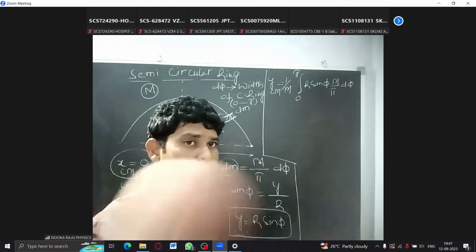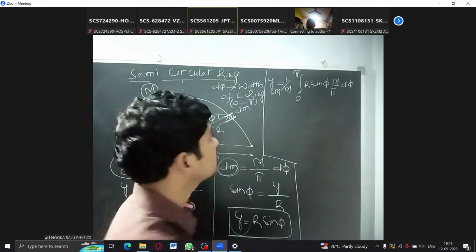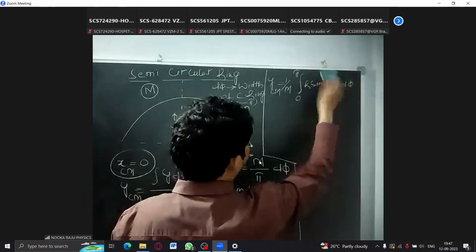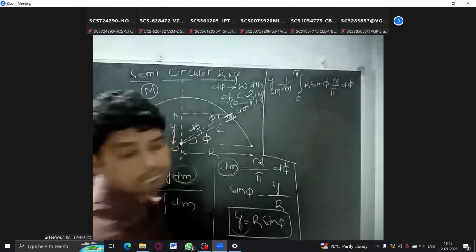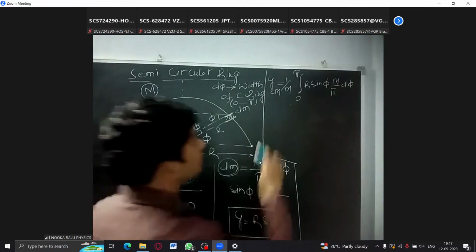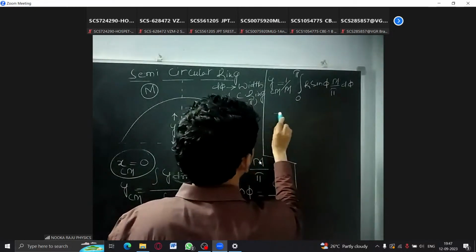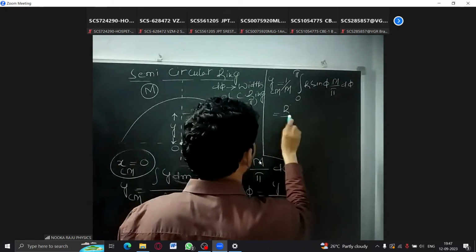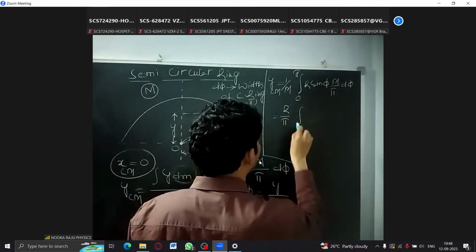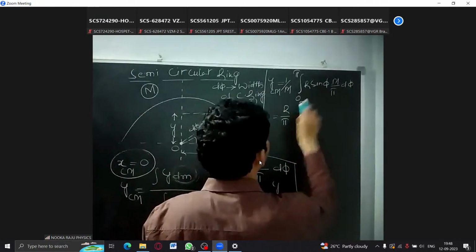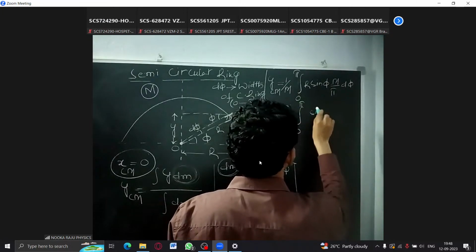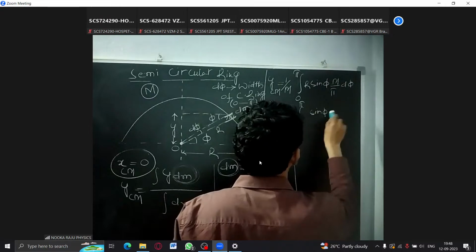Yes? Now here M and M get cancelled. What are the remaining terms? Take r by pi separately: r by pi times the integration from 0 to pi of sin phi d phi.